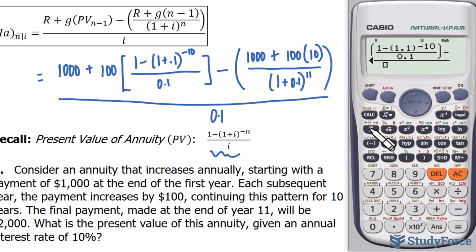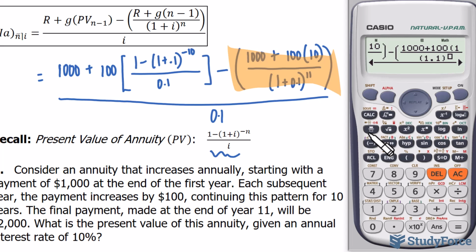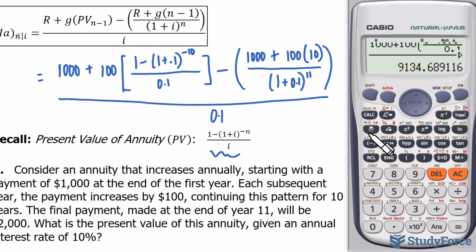We subtract this now, open again, and we'll open up another fraction, 1,000 plus 100 times 10, close, and at the bottom we'll write down 1.1 raised to the power of 11. At the very bottom of that, we divide by 0.1. And we end up with an answer of 9,134.69.